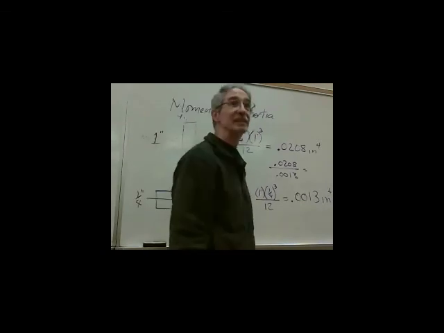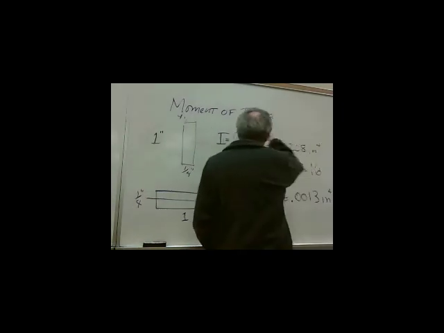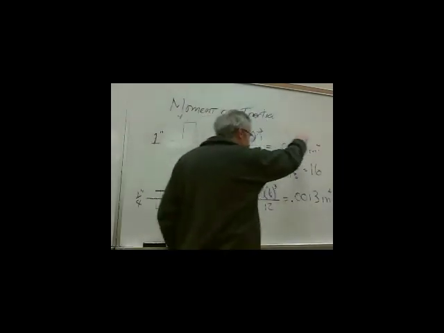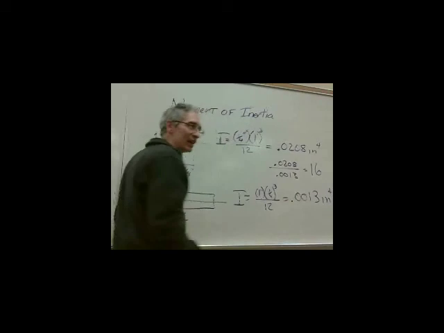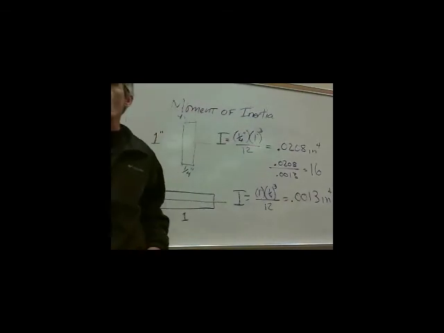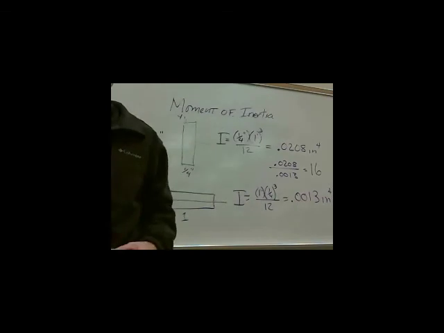What was it? 16? What that's saying is this first orientation of my beam, my yardstick here, is 16 times stiffer, more resistant to bending, because it had a 16 times larger moment of inertia about that axis.